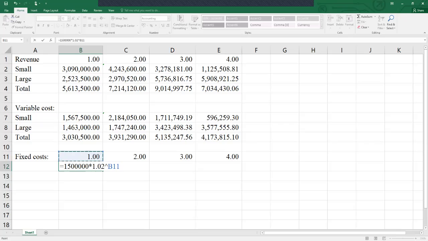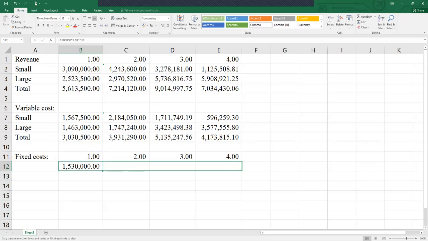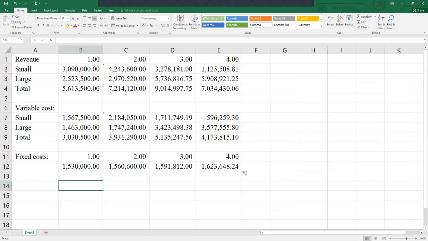I have 1 here already. Now the formula, I can drag it across for the entire 4 years, until year 4. Here comes the fixed cost, year 1 all the way to year 4. Anything else you require to do? And that is it regarding the revenue, variable cost, and fixed cost.